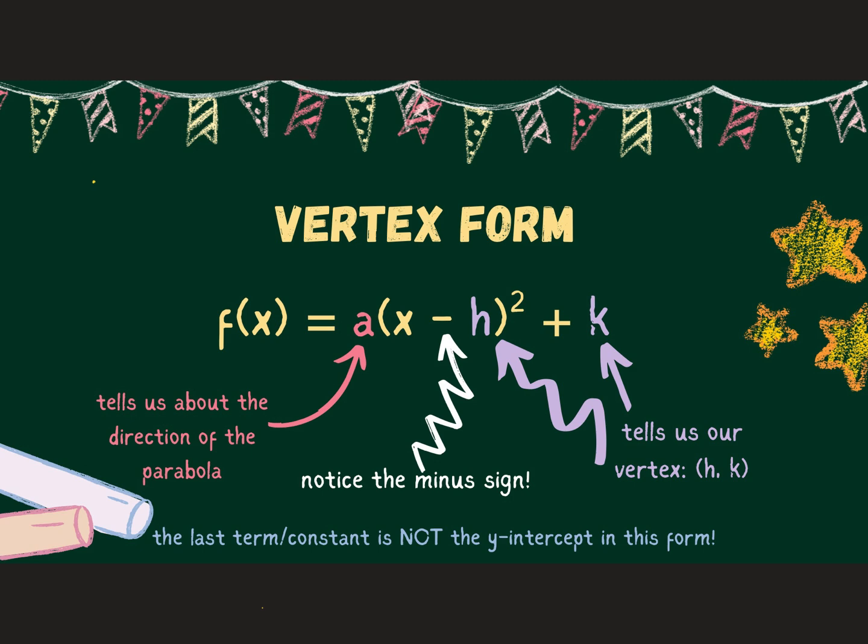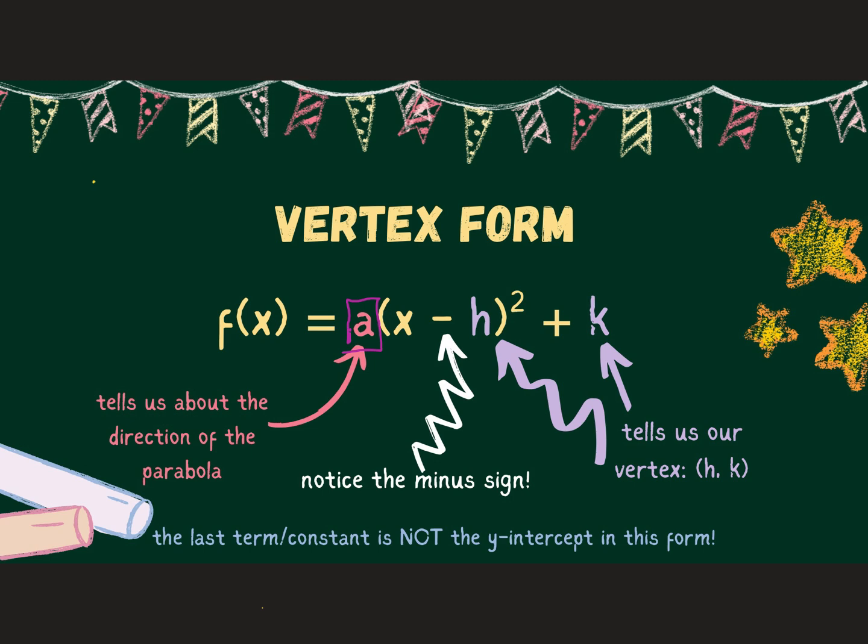So let's get started. What you see before you on the screen is the vertex form of a quadratic function. We should be familiar with our a value from when we looked at our quadratic function in standard form. The a value is the same a as in standard form. It's going to tell us if our parabola opens up or opens down.